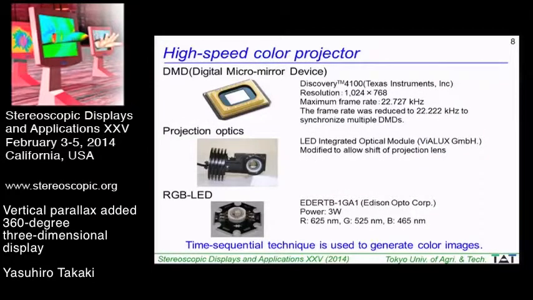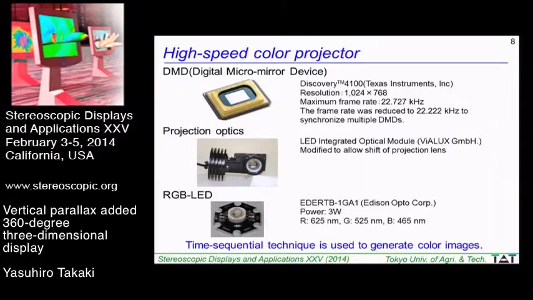I'll explain the experimental system. In this study, multiple projectors are used to provide vertical parallax. In order to generate color images, each projector should generate color images. A DMD was used as the spatial light modulator. The resolution was XGA. The maximum frame rate was 22.727 kHz.